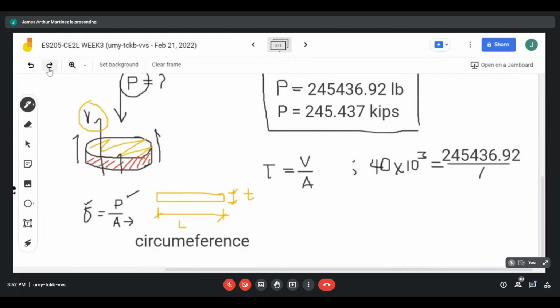The affected area is like a rectangle since it was unrolled, so length times thickness, where L is the circumference of your circle or slug, meaning 2 pi r.